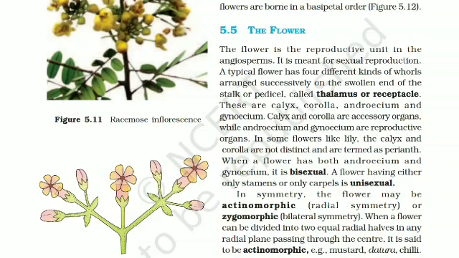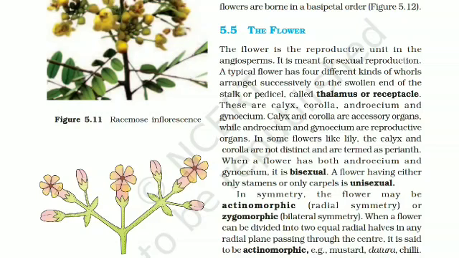So we have learned about the arrangement of flowers. Now what is a flower? A flower is actually the reproductive unit in the angiosperms. We know that the flower is the reproductive part only. It is meant for sexual reproduction.